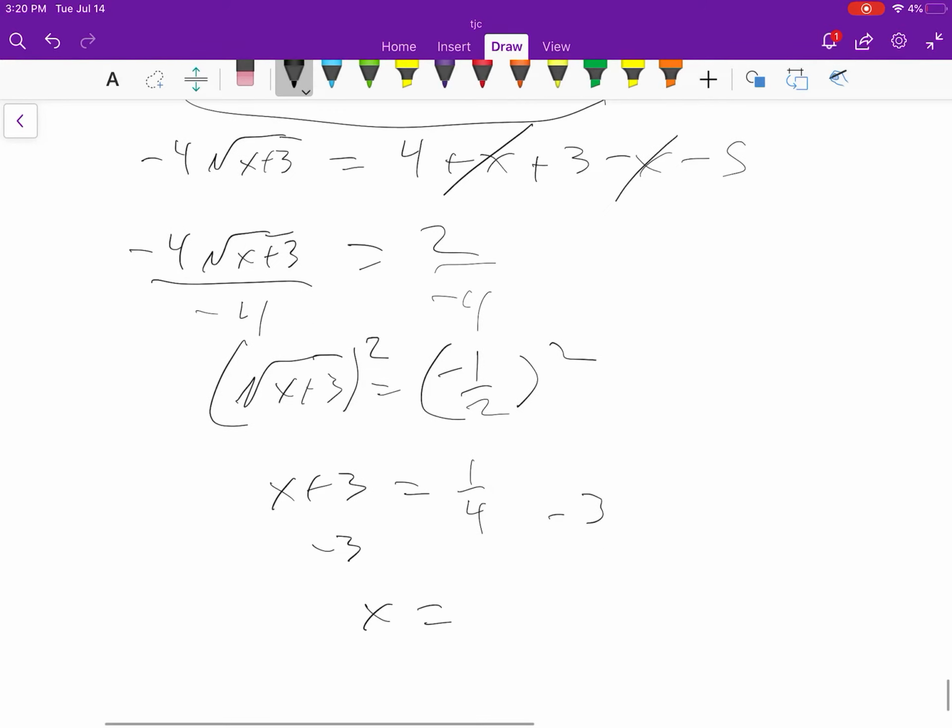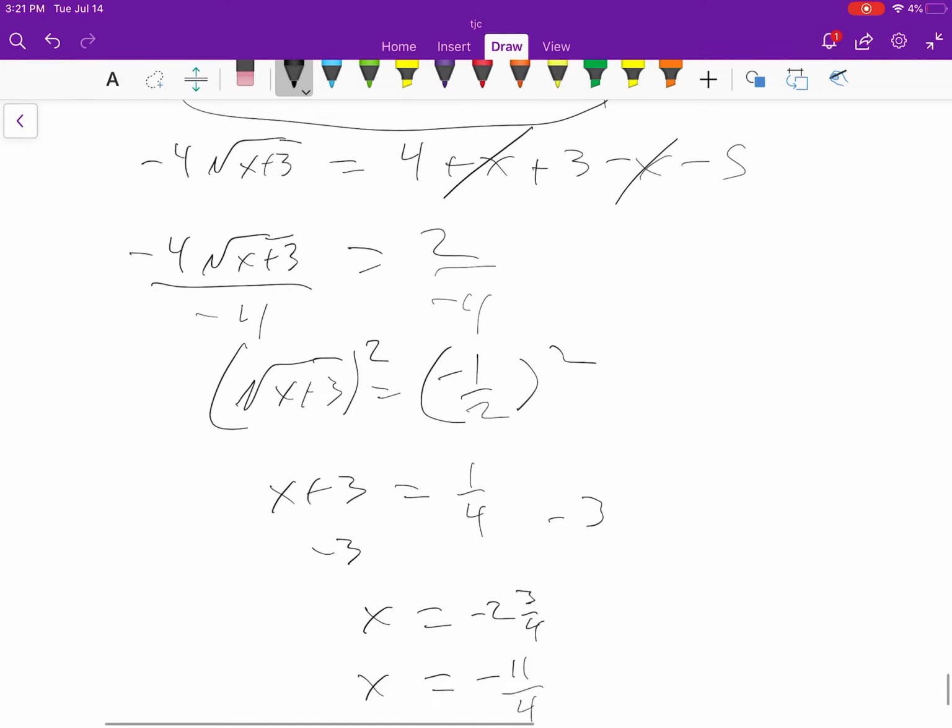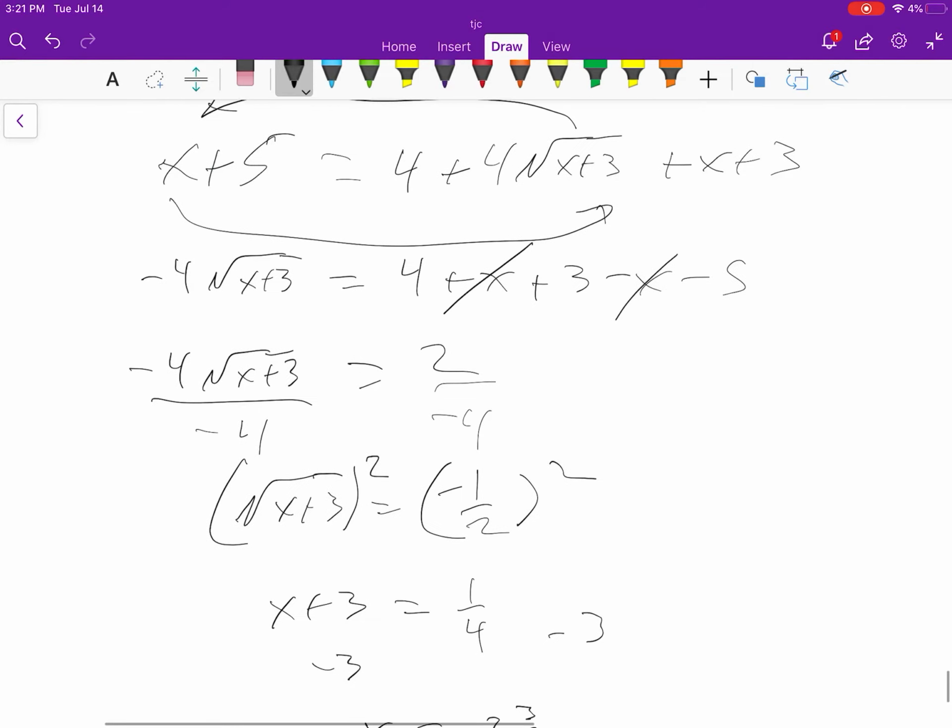Subtract 3 from both sides. That will be negative 11/4. So x equals negative 11/4.